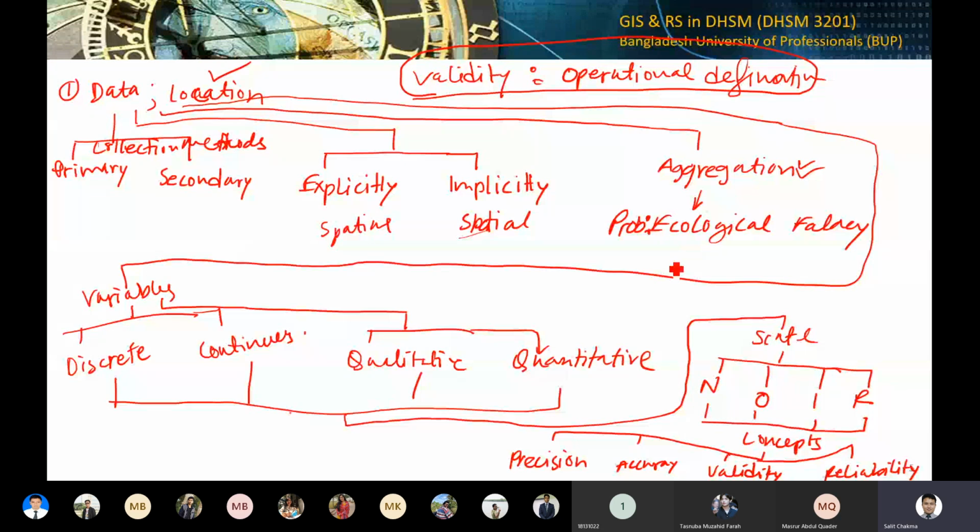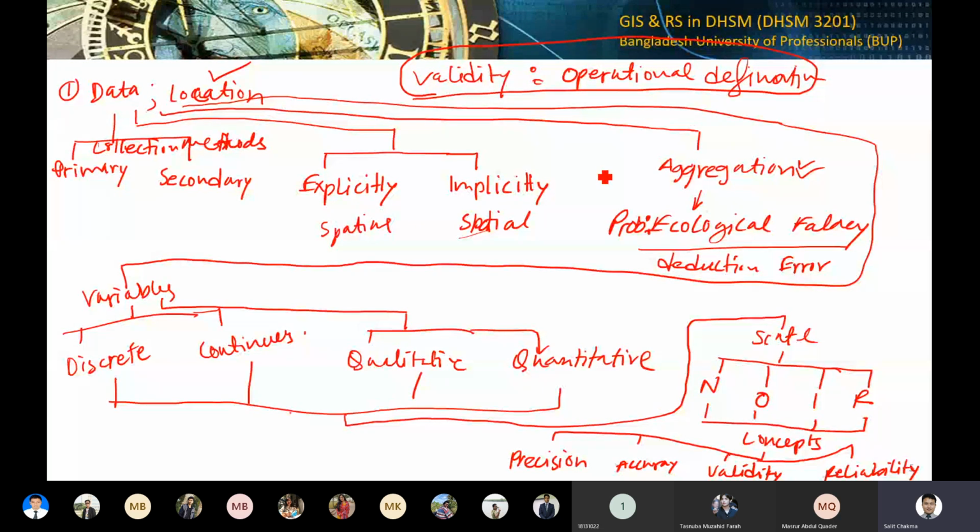then that would be an error, and that error is known as ecological fallacy. Okay, so we call it in another name, that is the deduction error. So deduction error, when you wrongly classify an aggregated value.